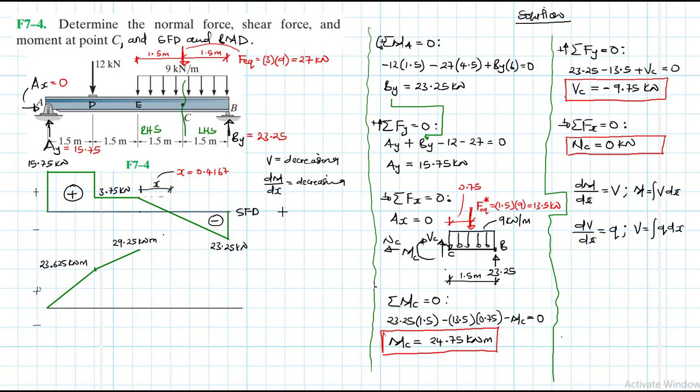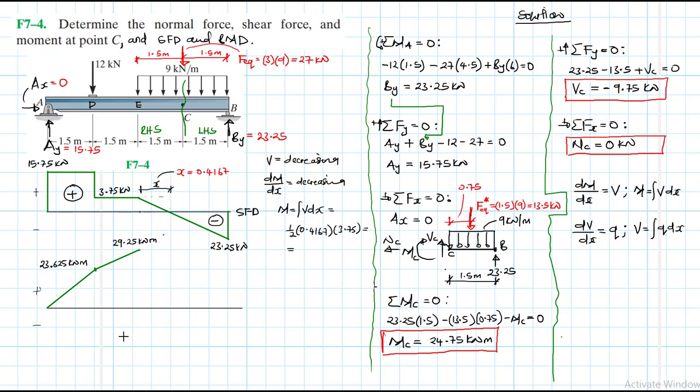So let's find the magnitude of our moment, which is just going to be equal to the area under the shear diagram, and this is equal to half times 0.4167 by 3.75.